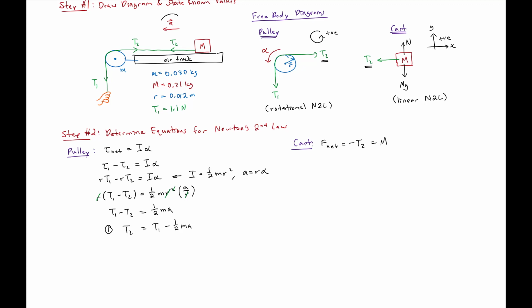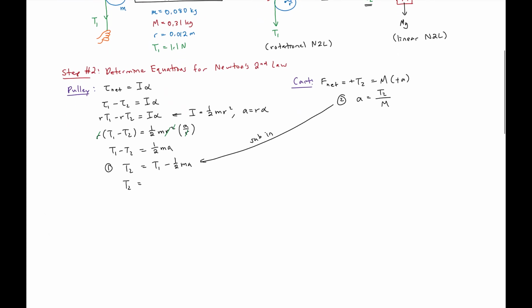But keep in mind, acceleration is in the negative direction for us, so we must have negative A. Essentially, your negatives cancel, and you have A is equal to T2 over M. We'll call this equation 2. We don't have acceleration, so we want to use equation 2 and plug it into equation 1. Now we can solve for T2.